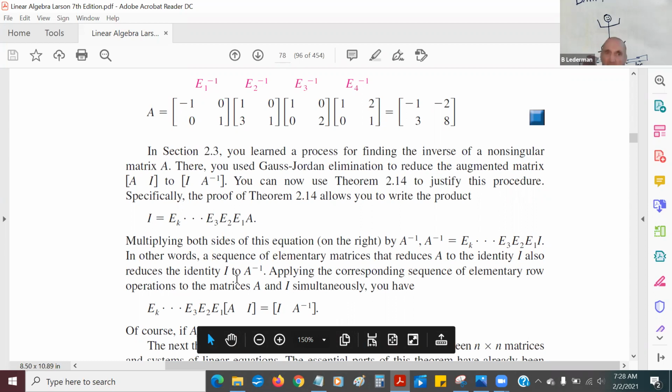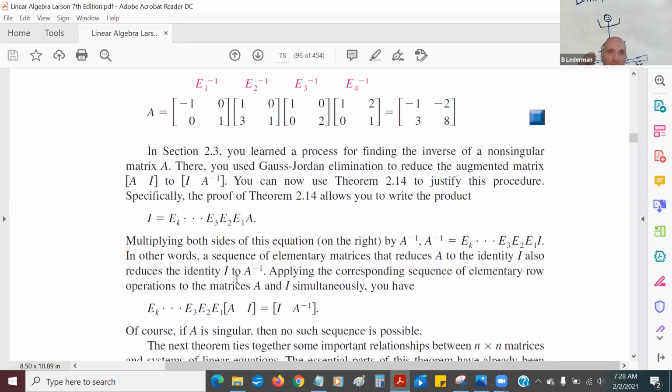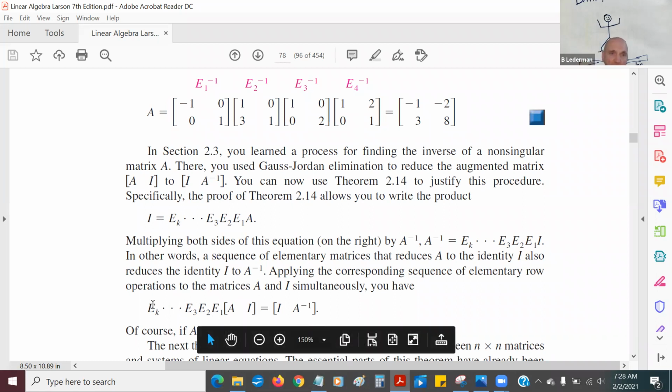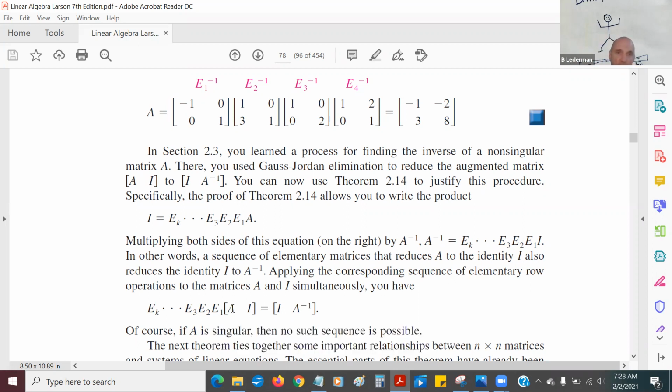But if you think about it, it makes sense, because these are elementary matrices. So what they do is they move the rows around. Once A and I are together, when I move the rows of A, the right side of the row moves too. So it's all happening at once.